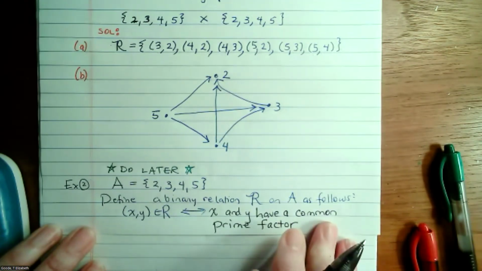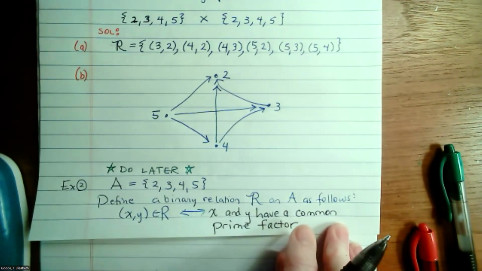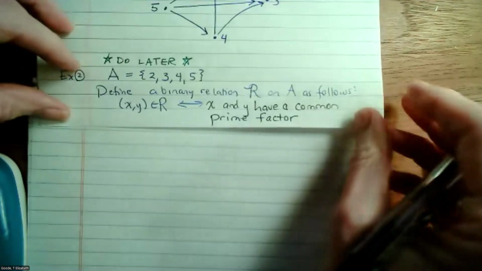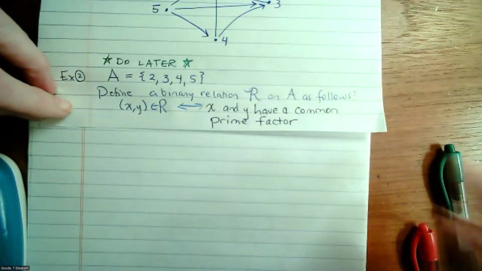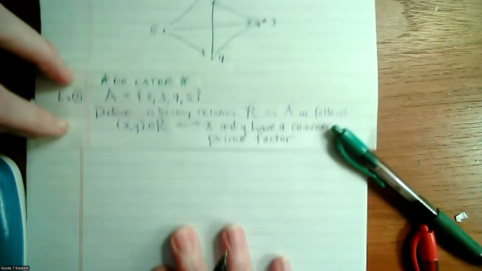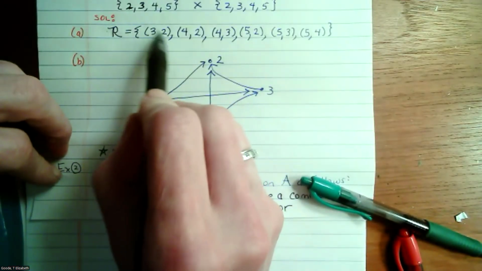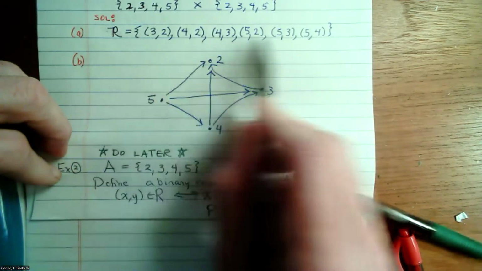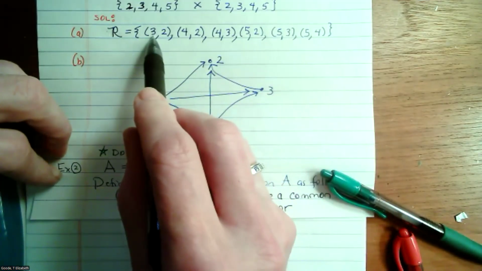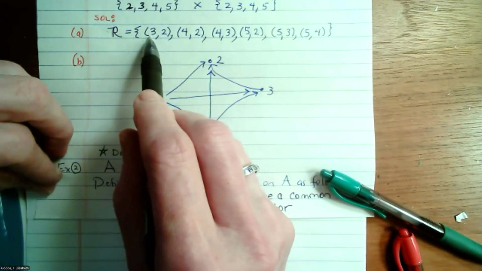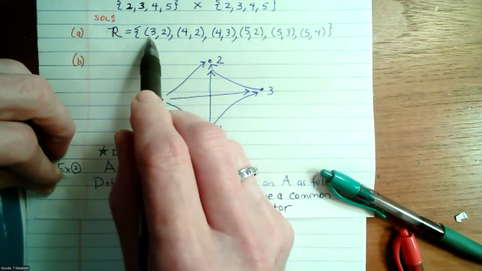And this one is going to be kind of interesting because we didn't have any ordered pairs where the first and second coordinates were the same in the first example, right? Because x had to be greater than y for the first coordinate to be related to the second coordinate, right?